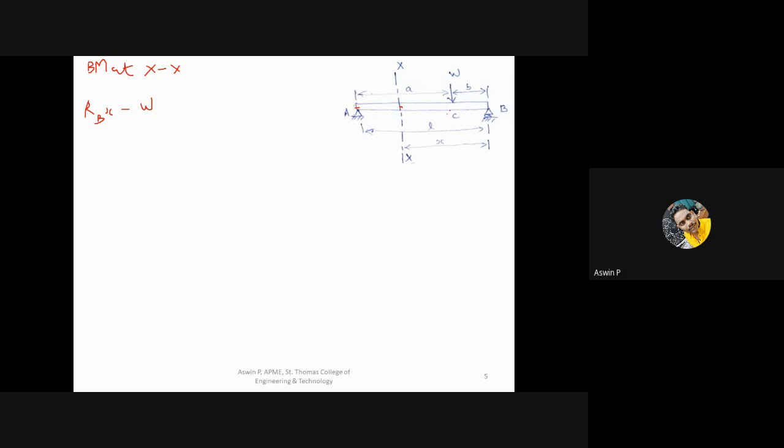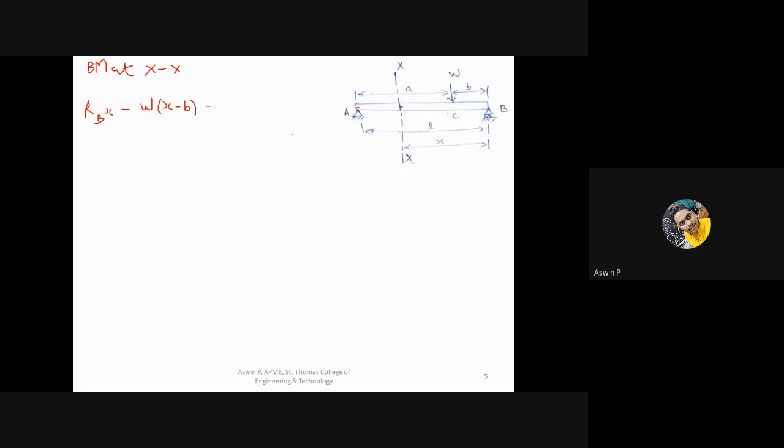What will be that distance? X minus B. That will be this distance, right? Till here, from here to here, that is B, and totally that is X. So you can see that W into X minus B equals what?